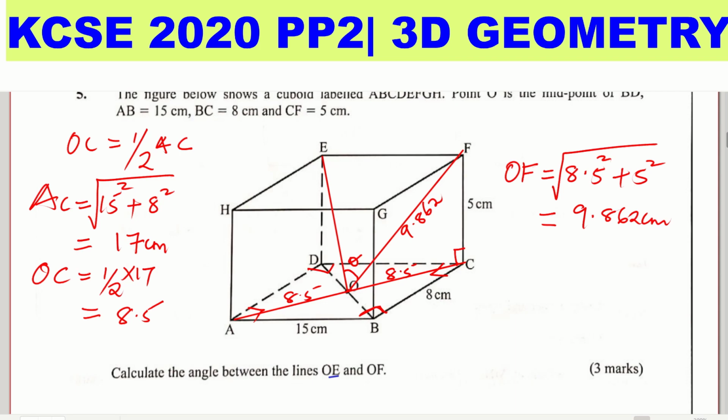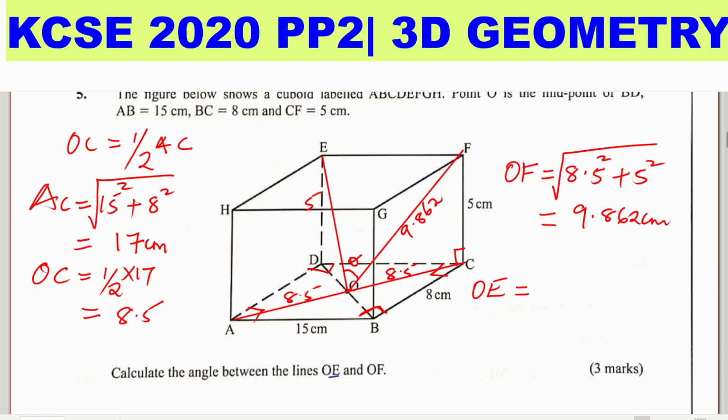Now let's get OE. To get OE, we are going to consider triangle EDO or ODE. We already have DE. DE is 5. What we don't have is OD, and OD will be half of DB.